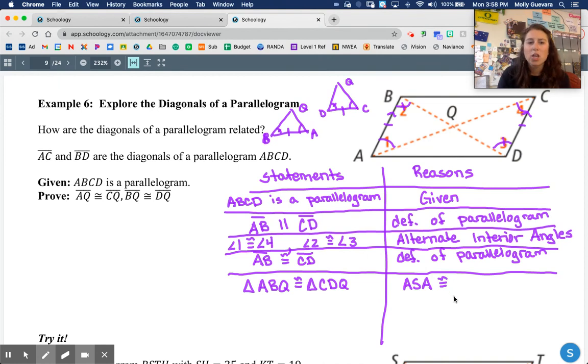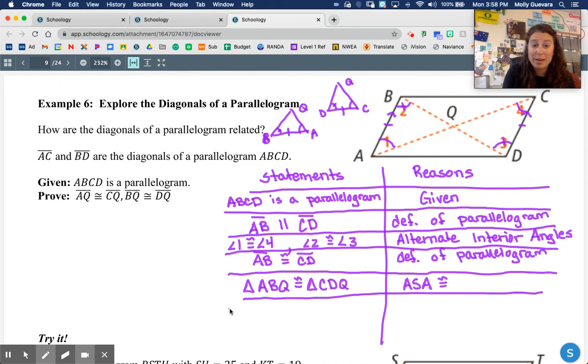Okay, so if these triangles are the same, let's think about this. These two triangles are exactly the same. I've just proved that, right? So if these two triangles are the same, are BQ and DQ the same? Yeah, because the triangles are the same.